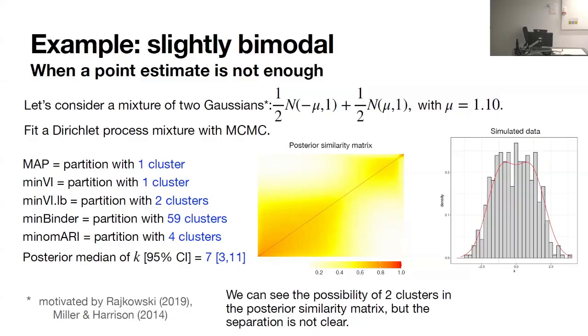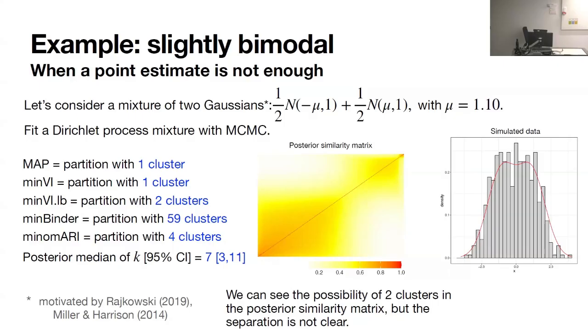So we're going to take this data and fit a model called the Dirichlet process mixture model, and we'll just use some standard packages that run MCMC and give us lots of different samples of clustering solutions from this model.